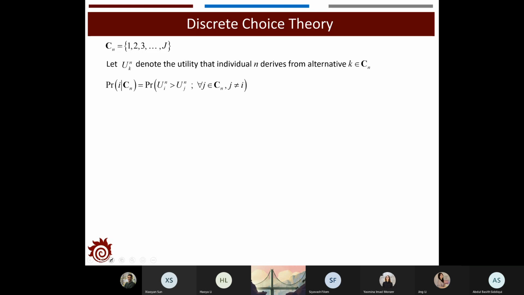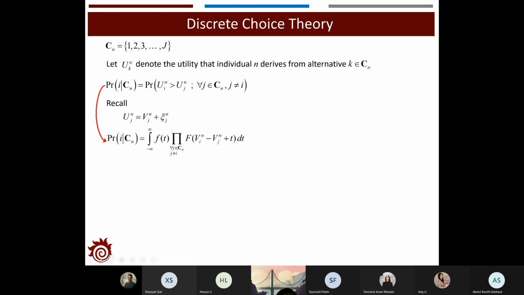For the selection of the alternative, the utility should be the largest one. And we have linear functions to show the relationship between the utility and the observed attributes. In the utility, we have the random component and the deterministic component.